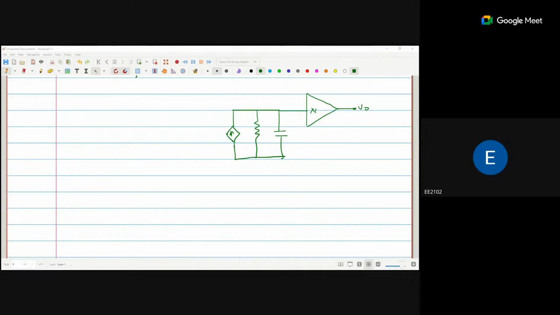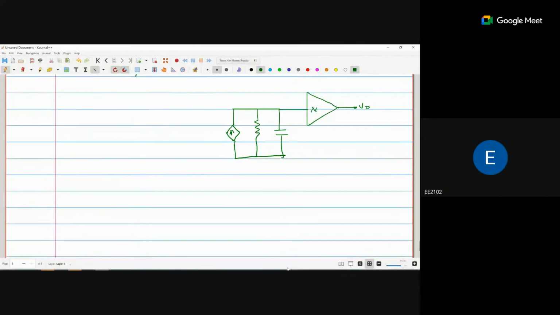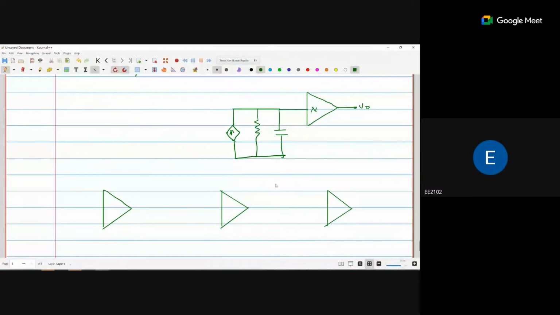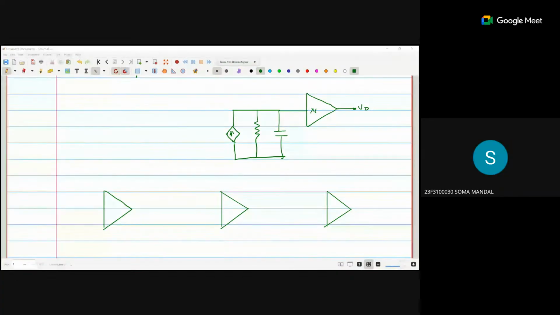Sir, it is band pass filter, after the band pass filter. This circuit, I think, has one op amp. Second order band pass filter.